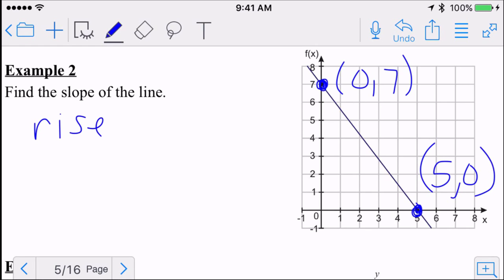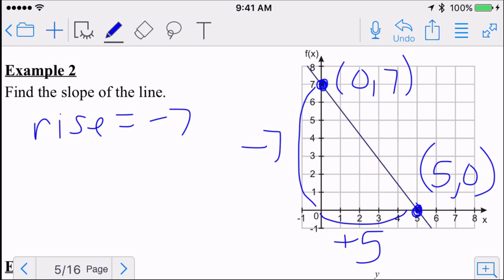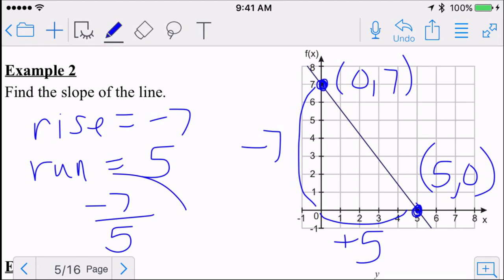Well, we're coming down this time, 7 to 0. So going down from left to right, that's going to be negative. So our rise is negative 7. And then our run, well, 0 to 5, that's a positive 5. So our run is 5. Then we just have to put it rise over run, negative 7 over 5. That's our slope.